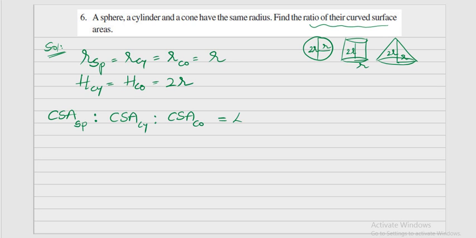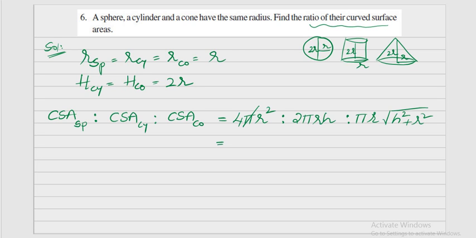What are the formulas of these? CSA of sphere is nothing but 4 pi r square, is to CSA of cylinder, which is 2 pi rh, is to, what is CSA of cone? So pi r into square root of, since we don't know what l is, directly we can write it as root over h square plus r square.